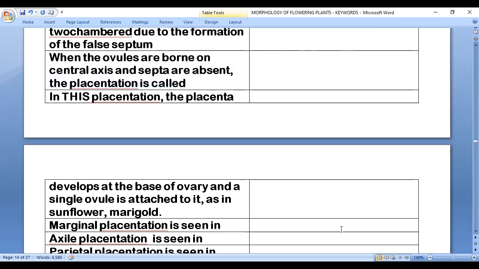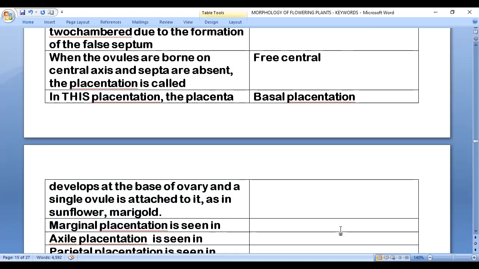When the ovules are borne on the central axis and septa are absent, the placentation is called free central. In this placentation, the placenta develops at the base of the ovary and a single ovule is attached to it, as in sunflower and marigold. Basal placentation.